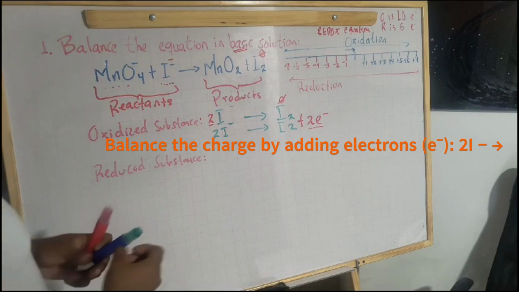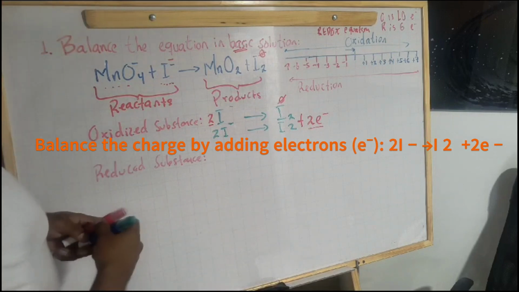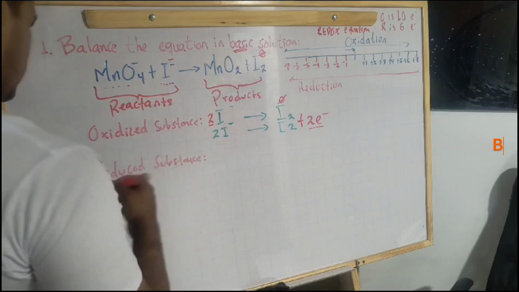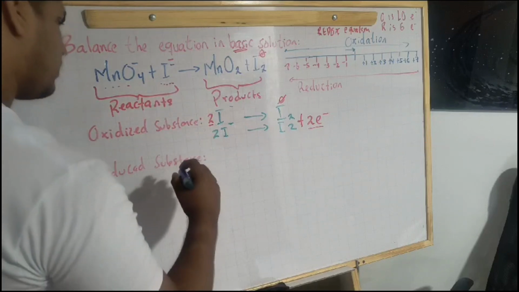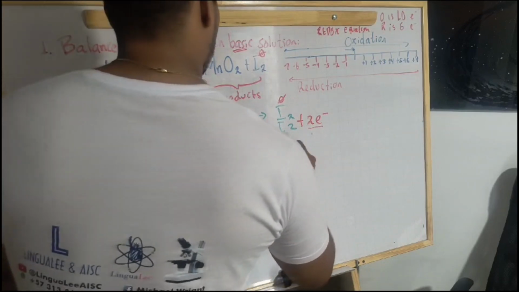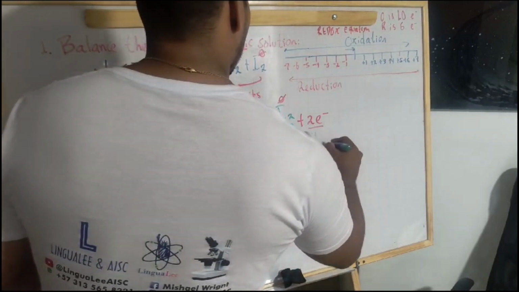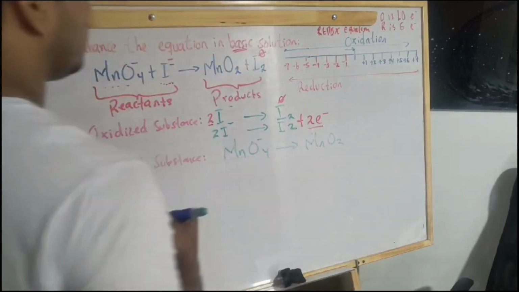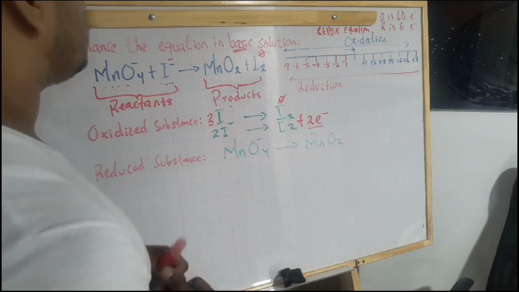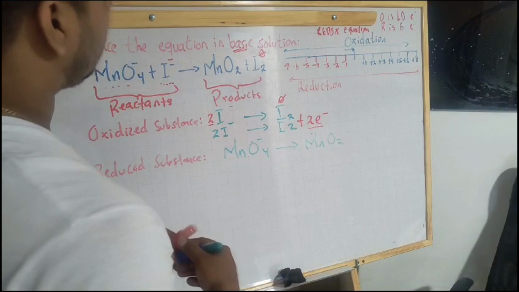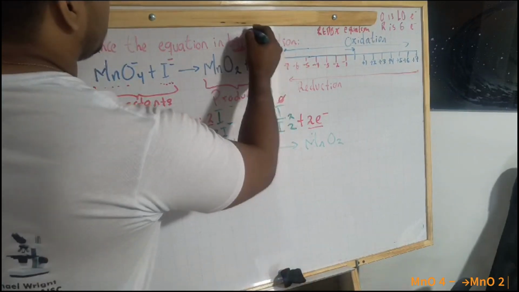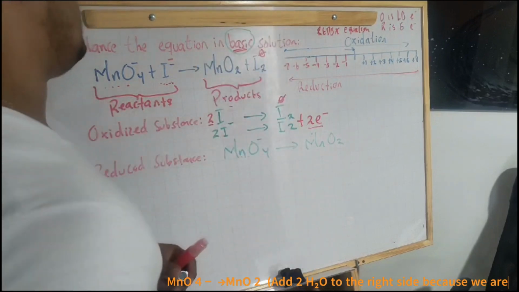Okay, so now let's go with the next substance, which is the permanganate ion. The permanganate ion is going to turn into manganese dioxide, neutral. Here it's really important to understand that I have to add hydrogen with oxygen, I mean water, because I am in a basic solution.